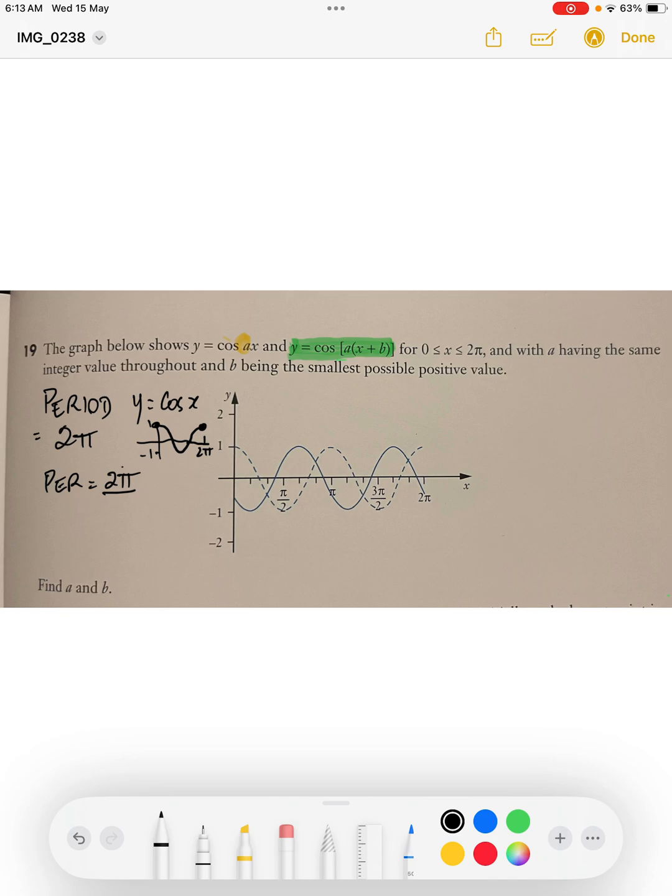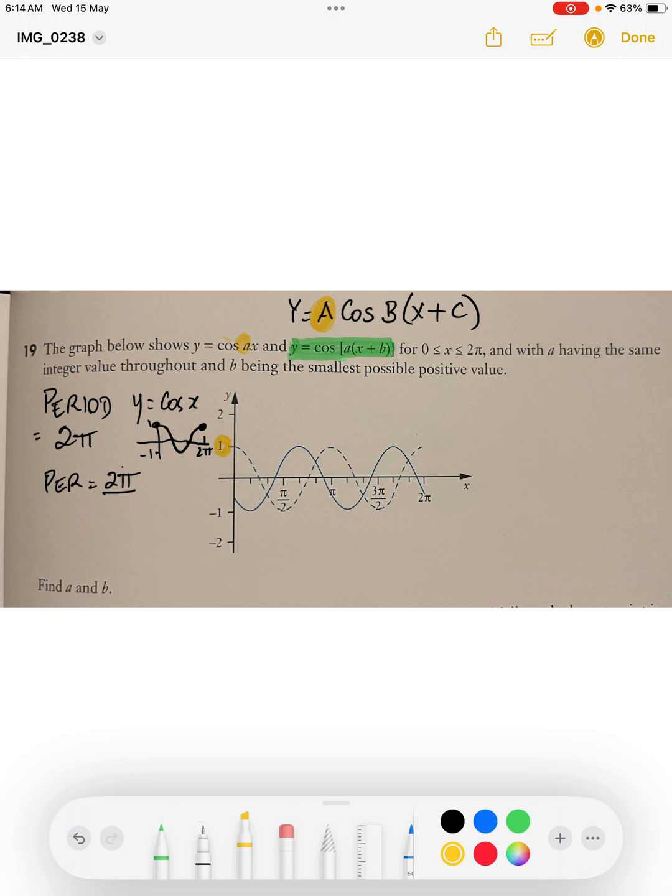Now I'm going to put up here, sometimes we have a, sometimes we have a b, sometimes we have a c. This one here adjusts the amplitude, from 1 to -1. We don't have a value in that position in our equation, it's 1, and it goes up to 1 and down to -1.